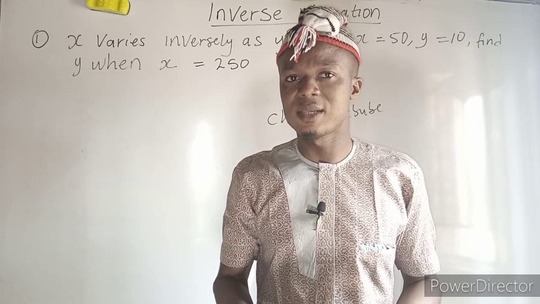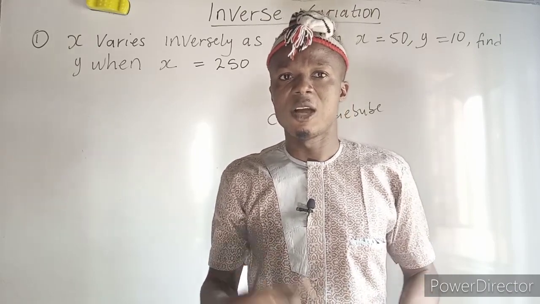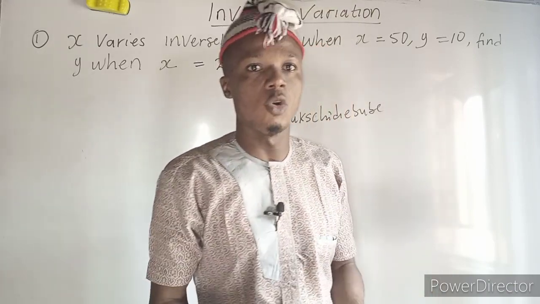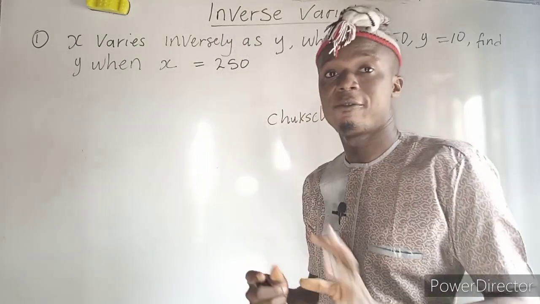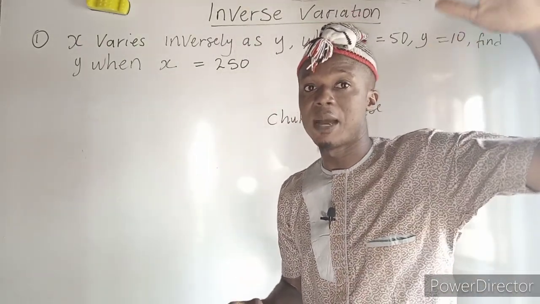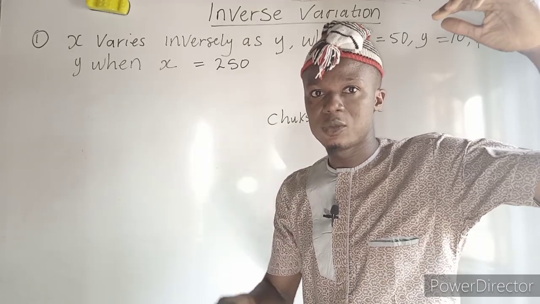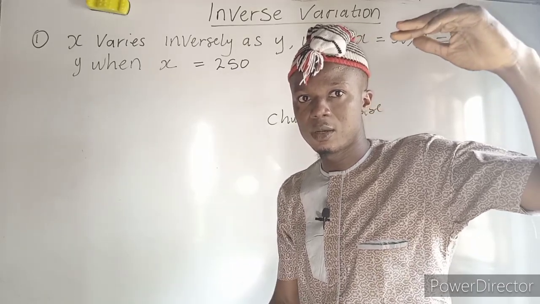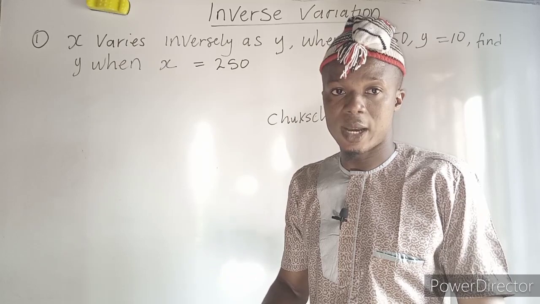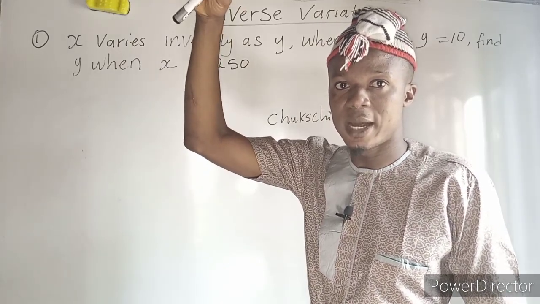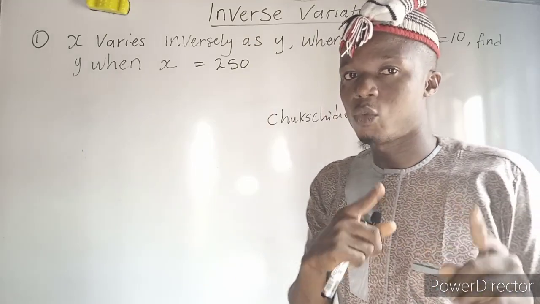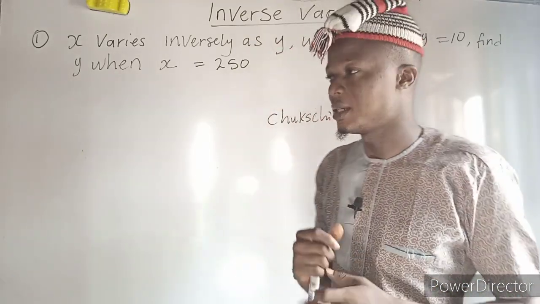That is a typical example of inverse variation. Another one is witnessed when you talk about work. When some workers are performing work, when the workers are many, the time it will take them to perform the work will be too small. But when the workers are few, the time it will take them to perform the work will be too high, provided that the workers you're talking about work at the same rate.